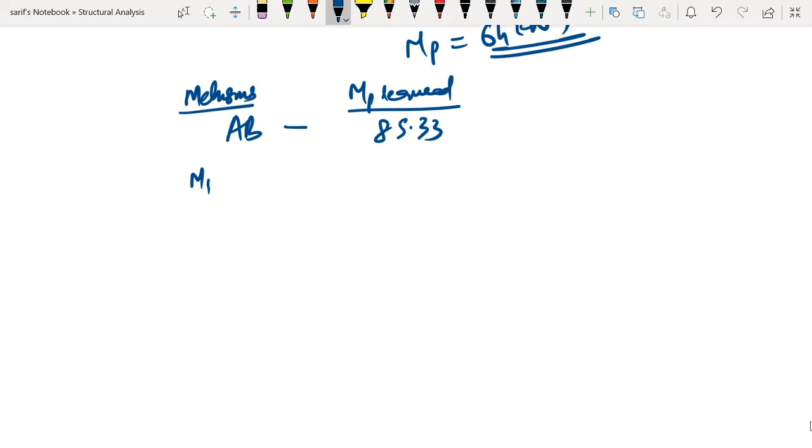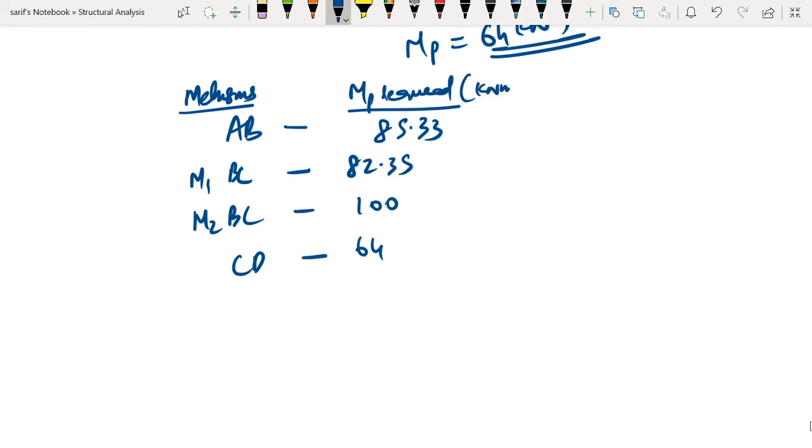From the first mechanism for span BC, we got the value as 82.35. From the second mechanism for span BC, we got it as 100. And for the mechanism for span CD, we got the value as 64 kilonewton meter. So all these are in kilonewton meter.